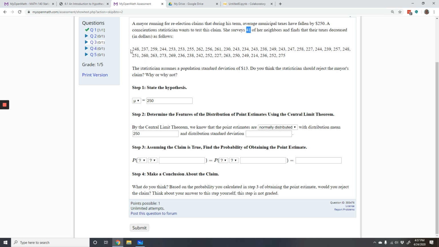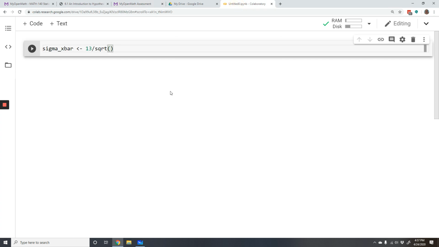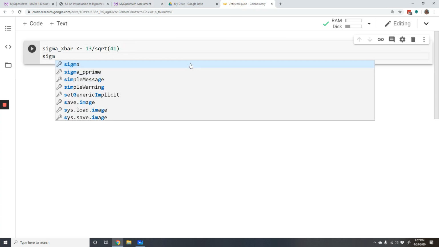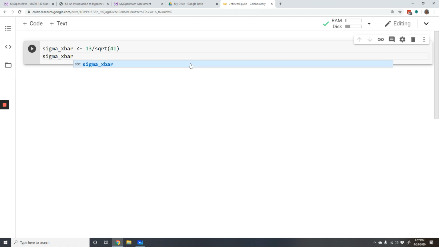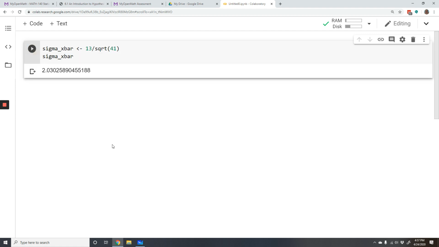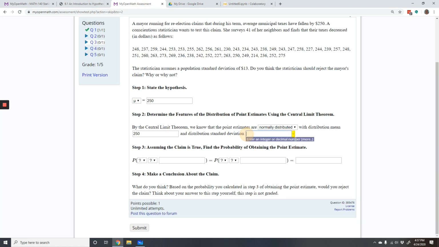We have 41 data points. You can count them if you want to, but it tells you right here in the problem. Okay, so that's going to give me the standard deviation of the distribution of my sample means. I'm going to type it one more time so I get it printed out. And there we go. Standard deviation is about 2.03.